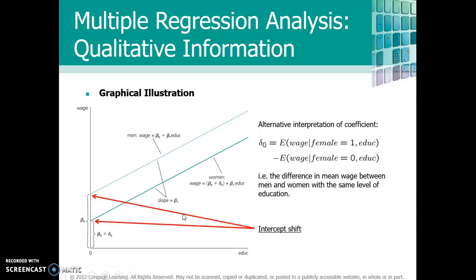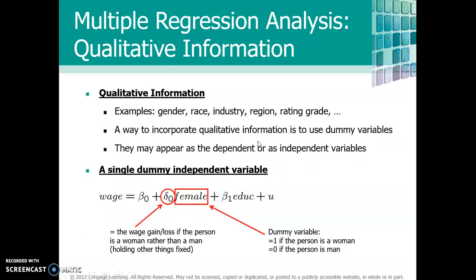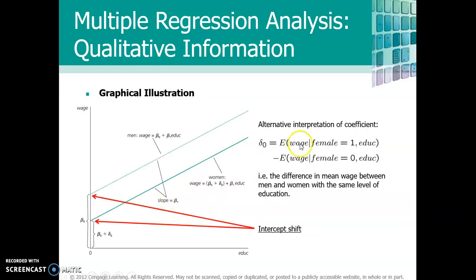All right, so now we can also alternatively interpret it as follows. If I go back to that equation, the coefficient rho 0 is basically the difference between the expected value of the wage given that the person is a female and takes a value of 1, holding education constant, minus the expected value of the wage given that it takes a value of 0.